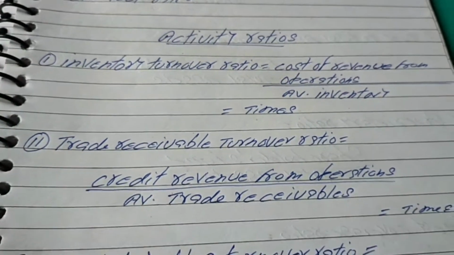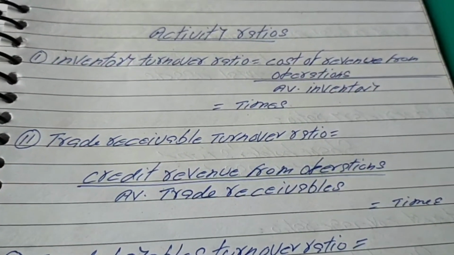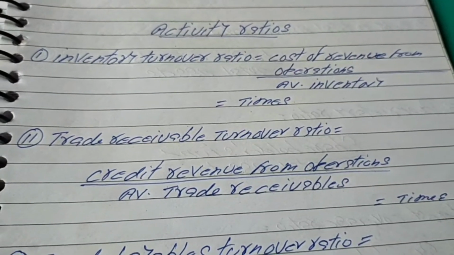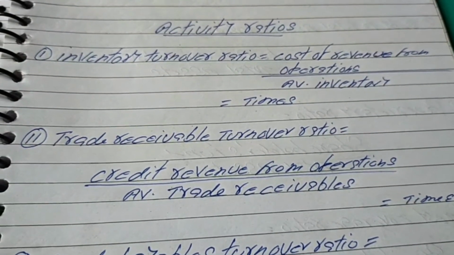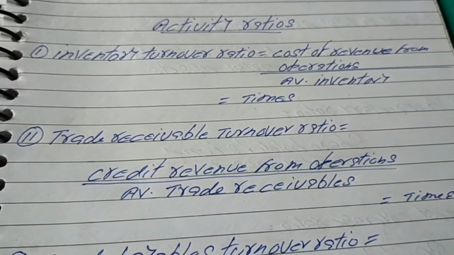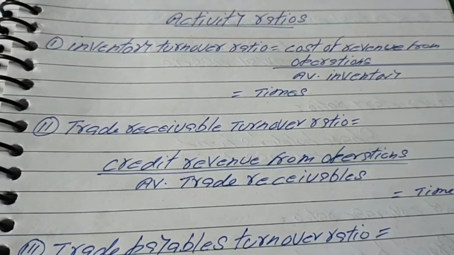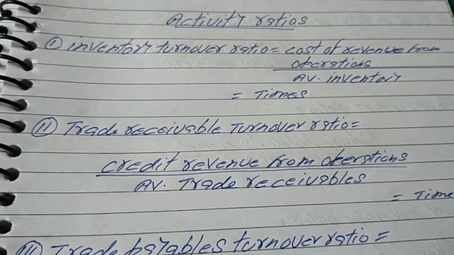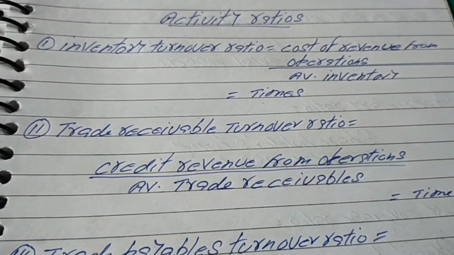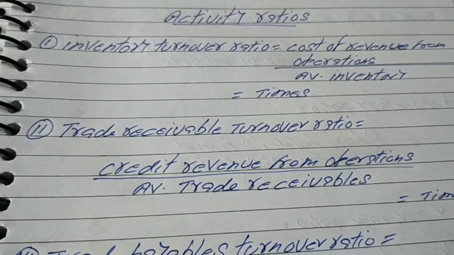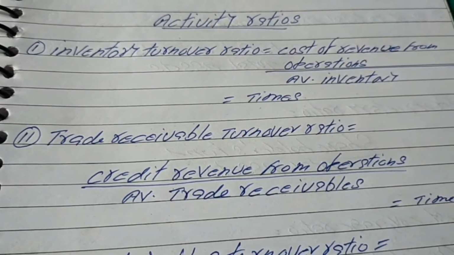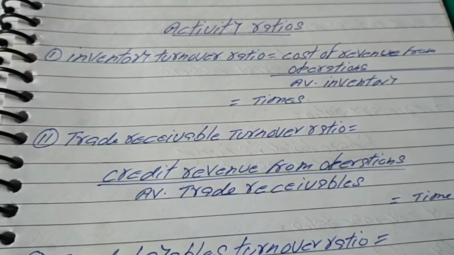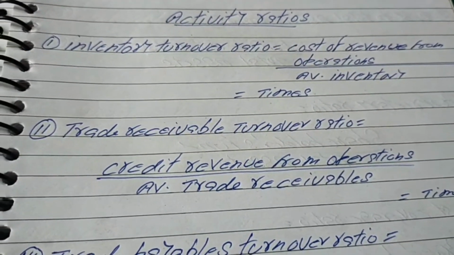The second formula in activity ratio is trade receivable turnover ratio. Trade receivable means the combination of BR and debtors. Debtors means those persons from whom you have to receive the amount in future on account of credit sales. Credit sales or credit revenue from operations, because total revenue from operations is equal to cash revenue from operations plus credit revenue from operations.